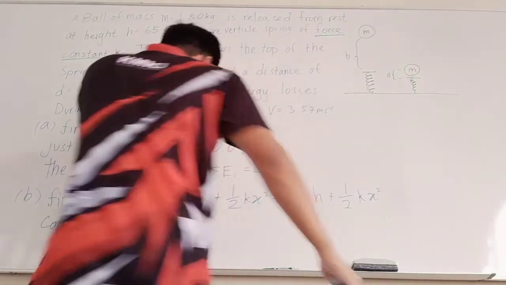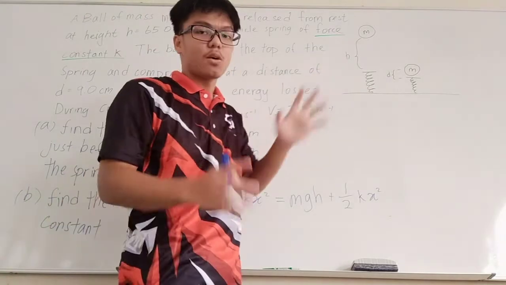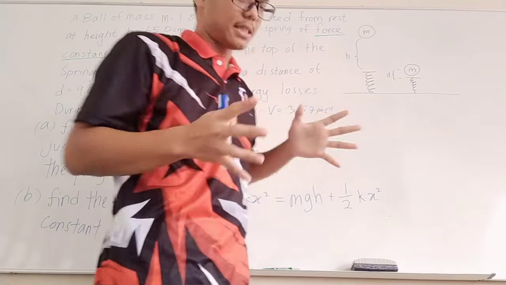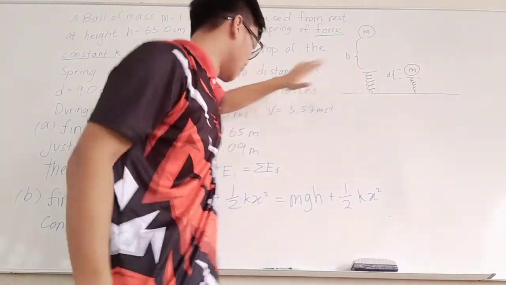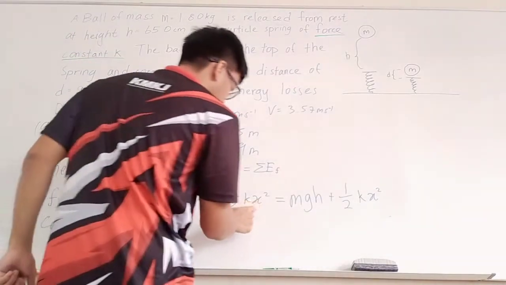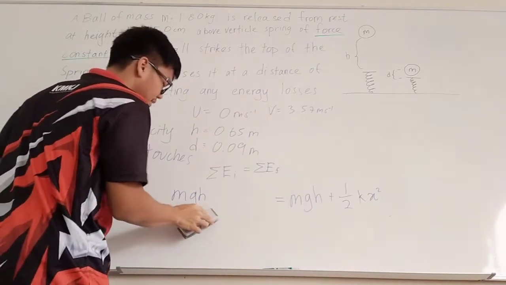Now, for the first energy of spring, we know that x has no extension or compression. The spring here doesn't extend or compress. So we know that x here is going to be 0. If this is 0, it's going to be mgh only.